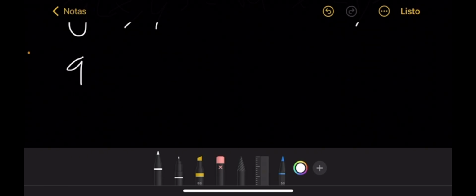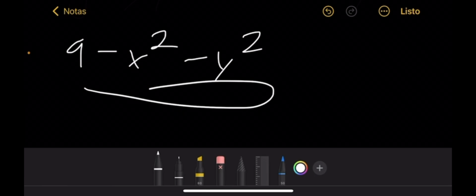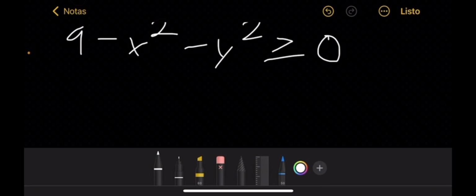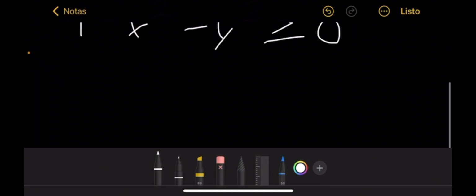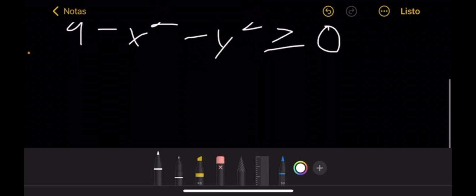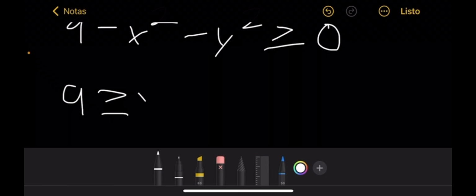We have to take 9 minus x squared minus y squared and find when this is positive, and the inequality goes something like this: 9 is greater than or equal to x squared plus y squared.